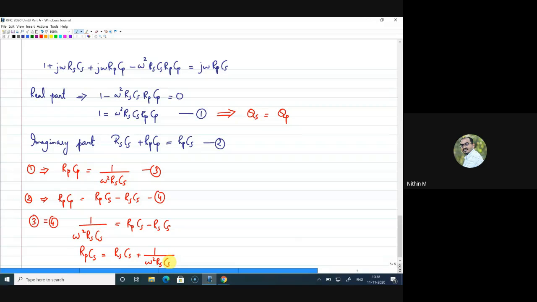Similarly, let me write this for RSCS. From the same equation number 1, RSCS is equal to 1 by omega square RPCP. This is equation number 5. And from equation number 2, I can write RSCS as RPCS minus RPCP.